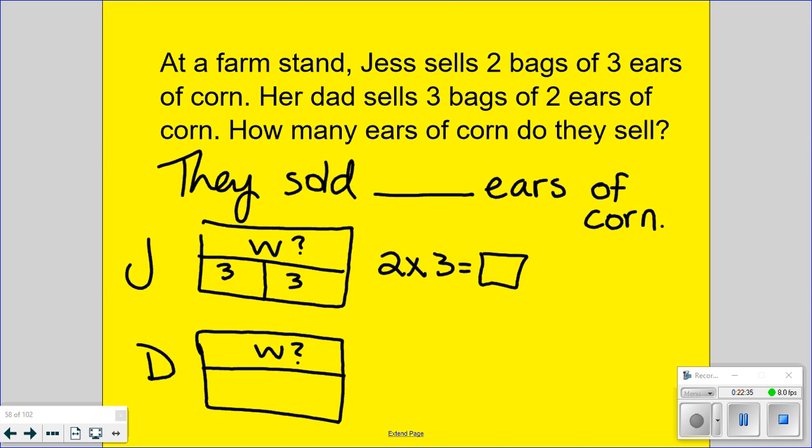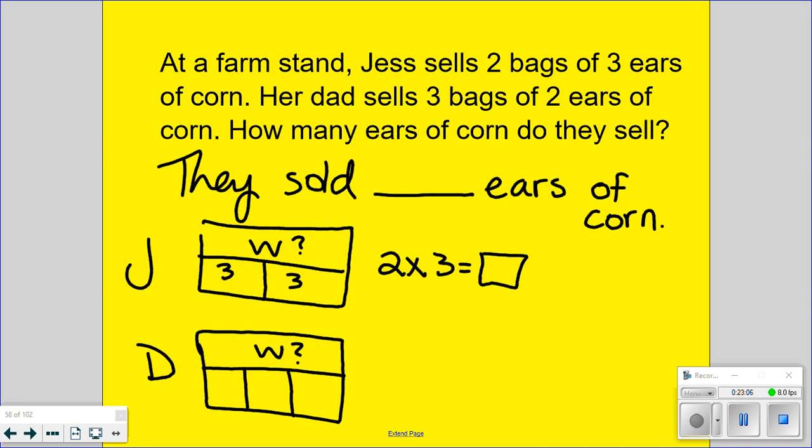What's going on with dad? Madison, what's going on with dad? How am I going to draw that? How do I show that on my bar model? Okay, we're going to split it into 3 sections. Why are we splitting it into 3 sections, Madison? Nope.